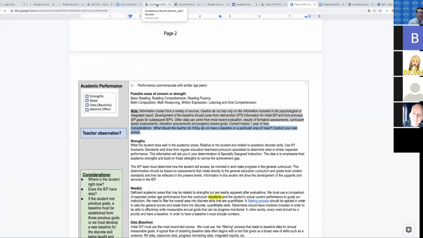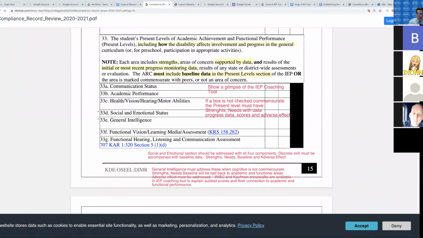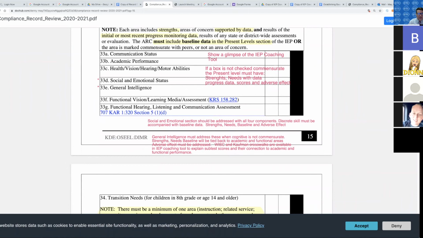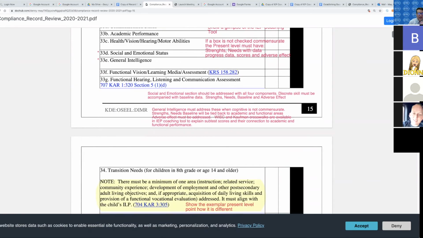So we're looking to review that file in such a way that we see that all that stuff is there. And I've already talked about the box being checked as commensurate and being able to put things in there. So now we also realize that at some point we actually need to talk about, I've got starred 33D.